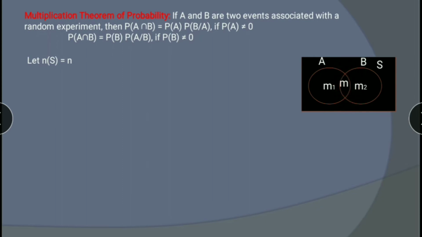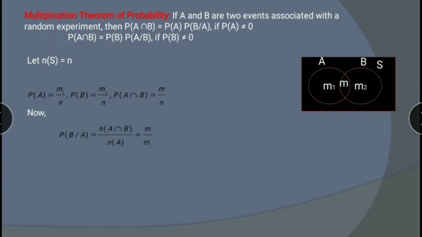And total number of elements in this whole sample space is N. Now, what will be the probability of A? Number of elements in A are M1. So probability of A will be M1 upon N. What about probability of B? It will be M2 upon N. And probability of A intersection B, there are M elements divided by total number of elements N. So, M divided by N.